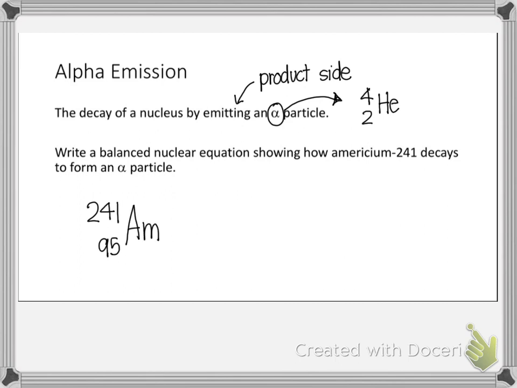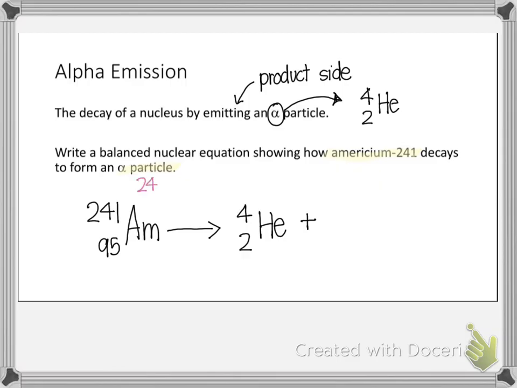So what I just did is I wrote Am 95. Now it decays, that means that's our reaction, to form an alpha particle. So alpha particle is 4,2He. Now we know there must be a new isotope formed, right? Because this is not balanced. So I'm going to write it above it just to try to help you.